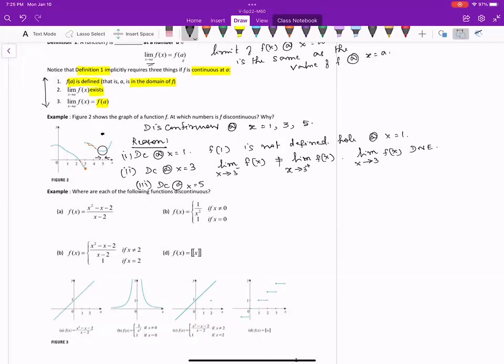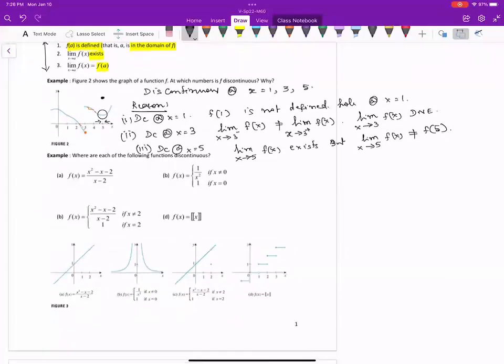So the limit as x approaches 5 of f of x exists, but it is not equal to the value of the function at 5. So the third condition fails.